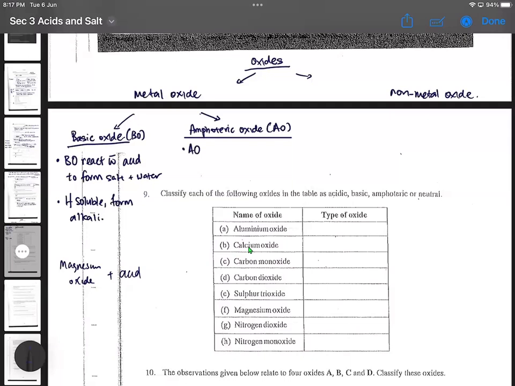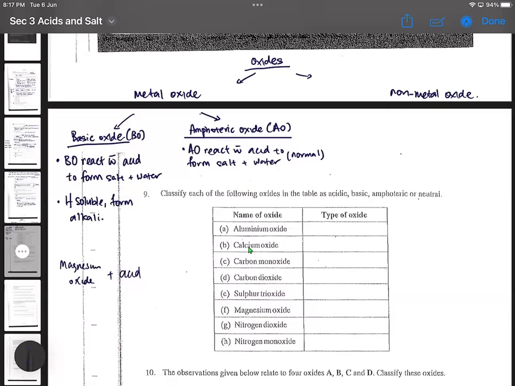So let's talk about this. Amphoteric oxides, because they are also metal oxides, will also react with acid to form salt plus water. This is a very normal thing that will happen.